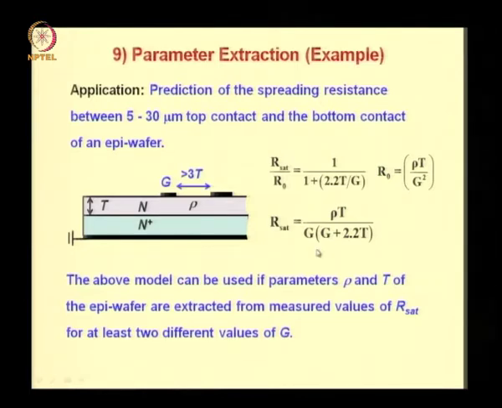Now, based on this expression, you can anticipate that the above model can be used if parameters rho and T of the epi wafer are extracted from measured values of saturation resistance for at least two different values of G. So, this T here is the thickness of the epi wafer.